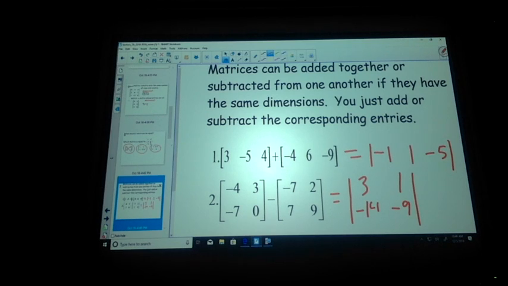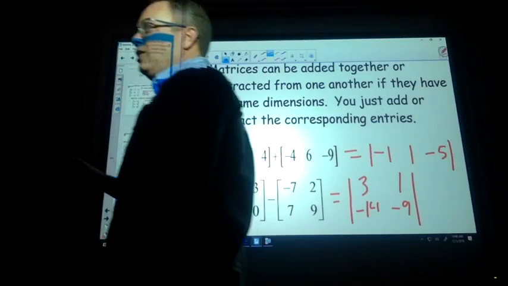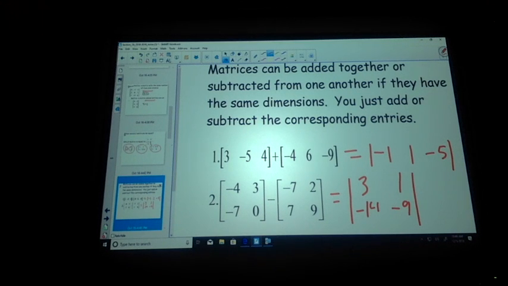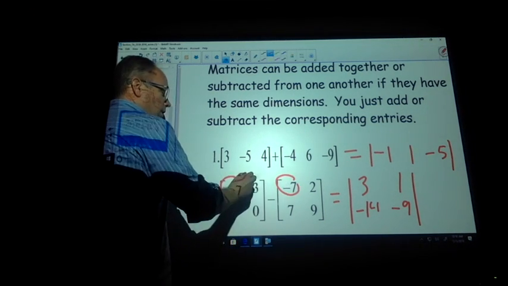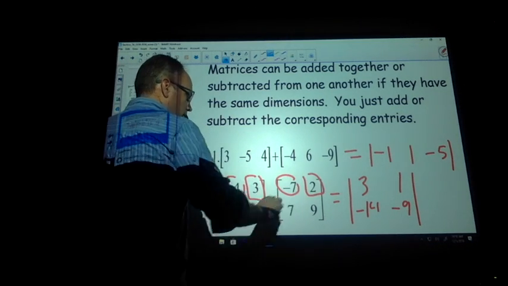Okay? So the same place adds or subtracts with the same place on the other matrices. They have to be the same dimensions to add and subtract them. I just added single digit numbers. So this and this go together. This and this go together.